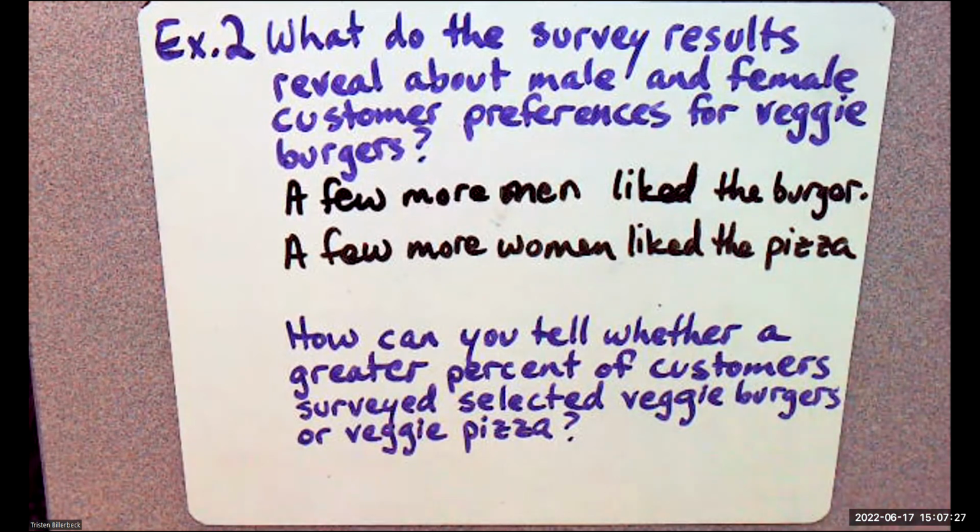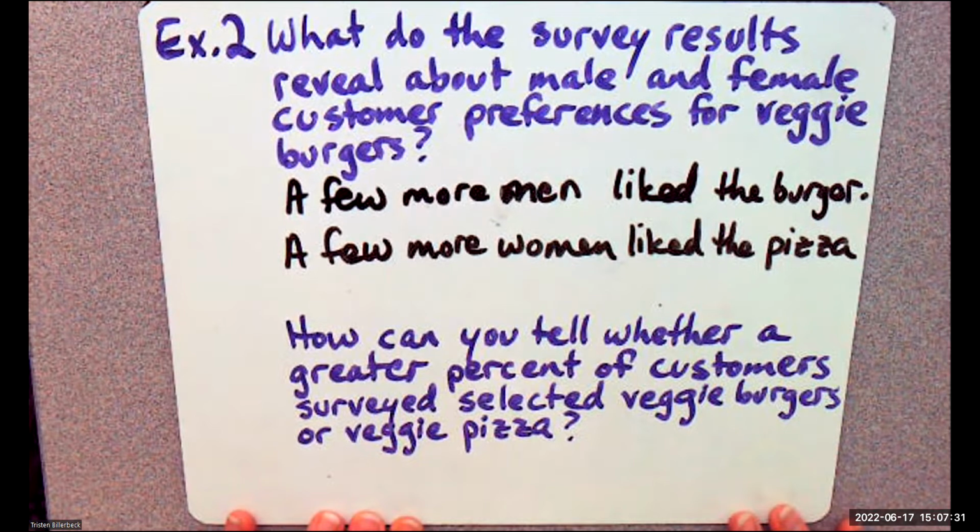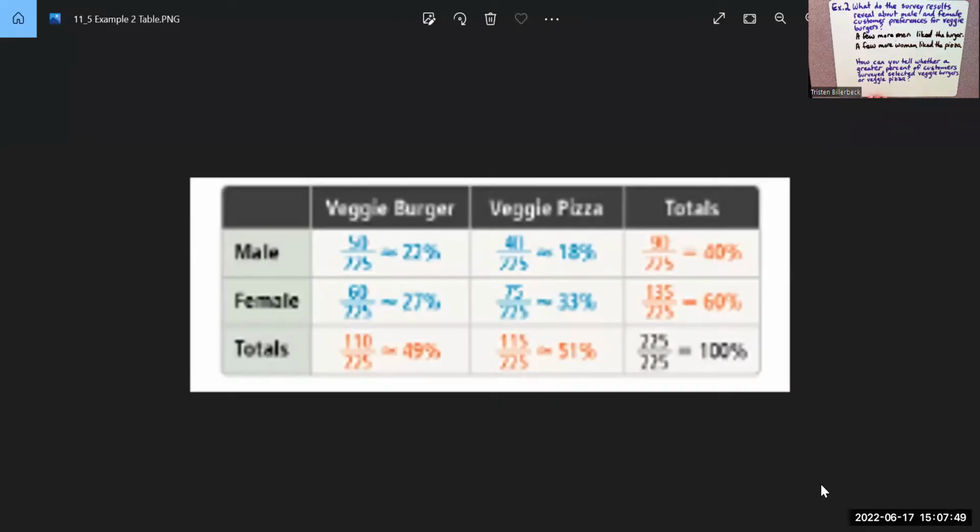Okay, so how can you tell whether the greater percent of customer surveys selected veggie burgers than the veggie pizza? Well, we looked at that in example 2. So let's look at that one more time. How can you tell whether a greater percent of customer surveys selected veggie burgers versus veggie pizza?